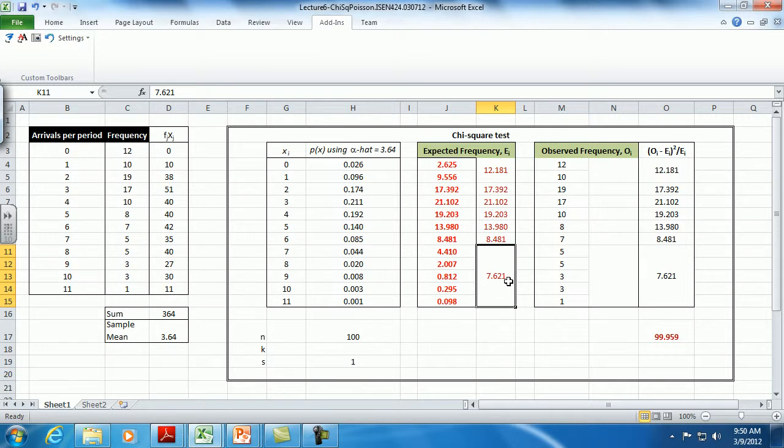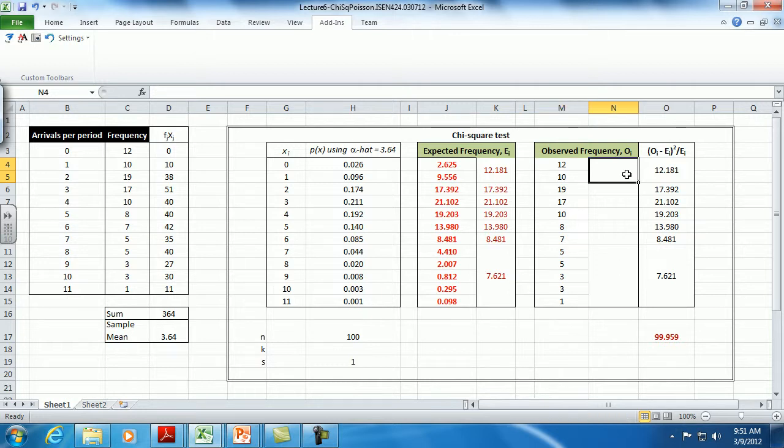Okay? Now we have to compute the observed frequency. In this case, that information is already provided by the problem, so we are just copying that information here. But since we combined some of the cells for the expected frequency, for example these two, now we have to combine those cells as well for the observed frequency.